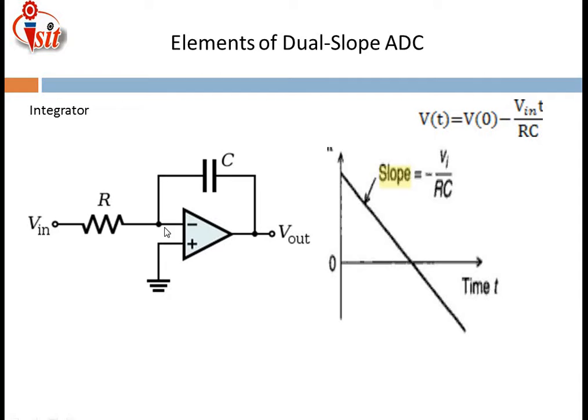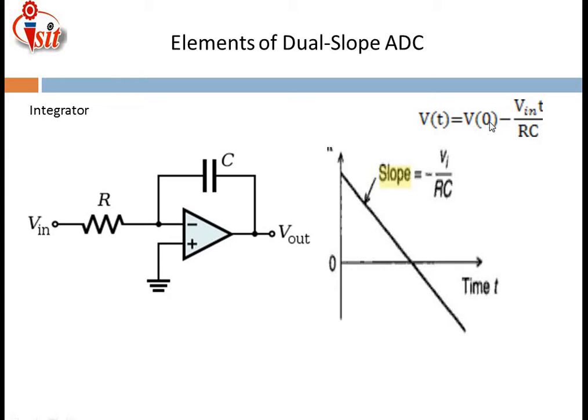And for that integrator, the negative terminal is applied along with the input voltage, and the output we get has a slope structure. That slope is calculated by the formula input voltage divided by the RC factor. How do we calculate the output voltage? The output voltage is totally dependent upon the slope rate, and the slope rate is dependent upon the time factor.